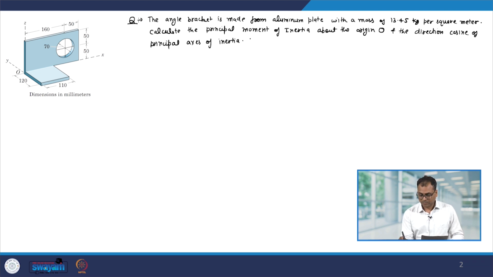It is given that the thickness of the plate is small compared with the other dimensions.